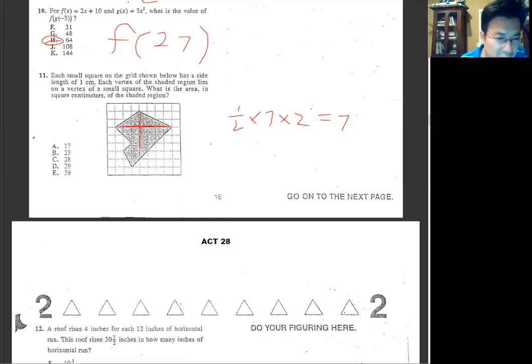For the second one, this one is 3 times height 1, so 3 divided by 2, and this one is 3 divided by 2, which is 9 divided by 2. Adding up, this is 6.